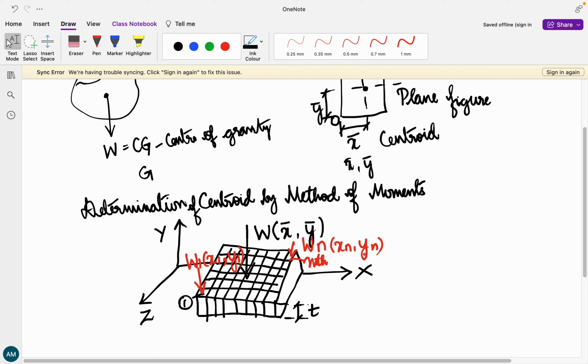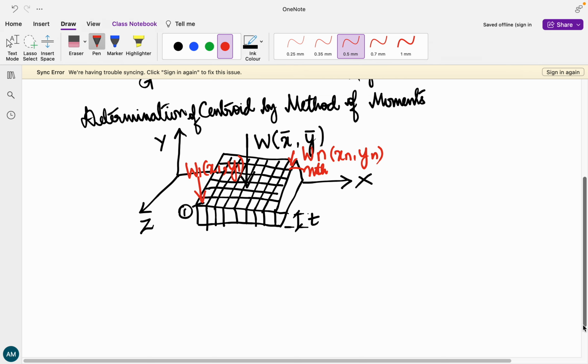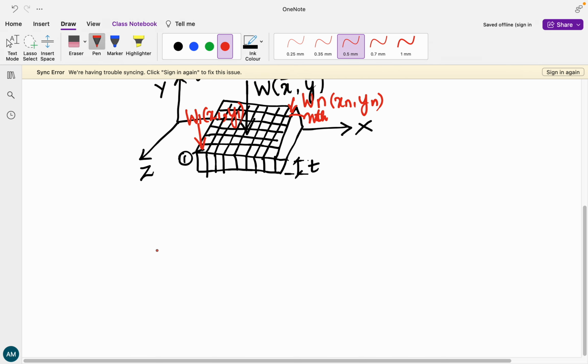Once we have written all these things, I am going to apply the theorem of moments, or Varignon's theorem of moments, or principle of moments. Under this I can write that the net weight of the body multiplied by x bar, that is the perpendicular distance, is equal to the individual weights multiplied by their perpendicular distances.